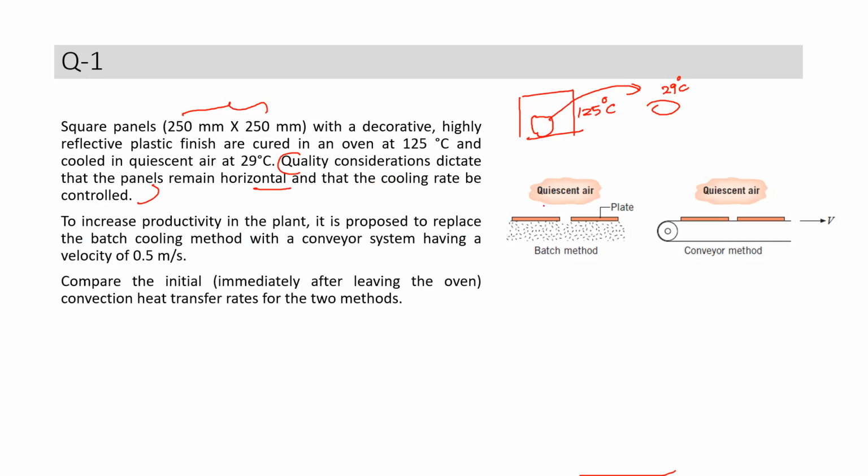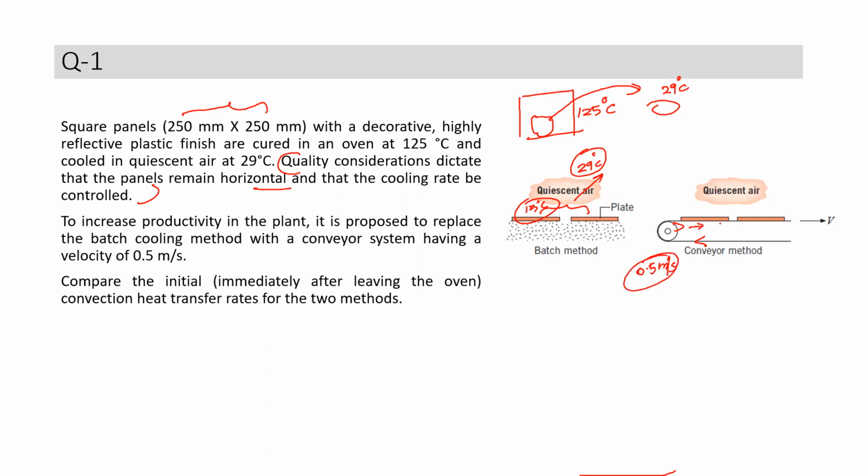Initially there was only stagnant cooling. If something is cured at 125 degrees Celsius, it is left to cool to 29 degrees Celsius in ambient. Now the system is replaced with a conveyor method, given an initial velocity of 0.5 meter per second.